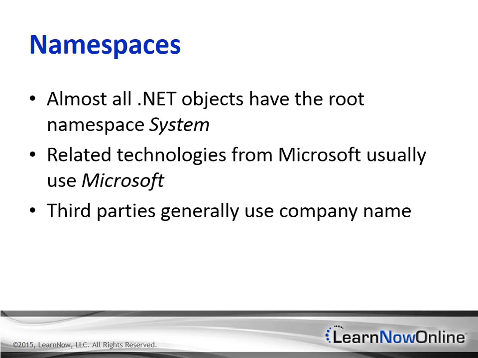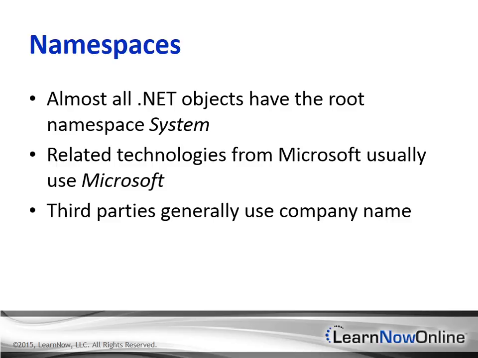So in your programming career, you're likely to encounter namespaces called something like Telerik, or Infragistics, or DevX, and Component One, which are for the larger companies in that space. And some may use shortened versions of their company names. Any libraries you create for your company that will be shared across applications should probably follow suit. So perhaps if LearnNow went into the .NET component business, we could use LearnNow as the root namespace.